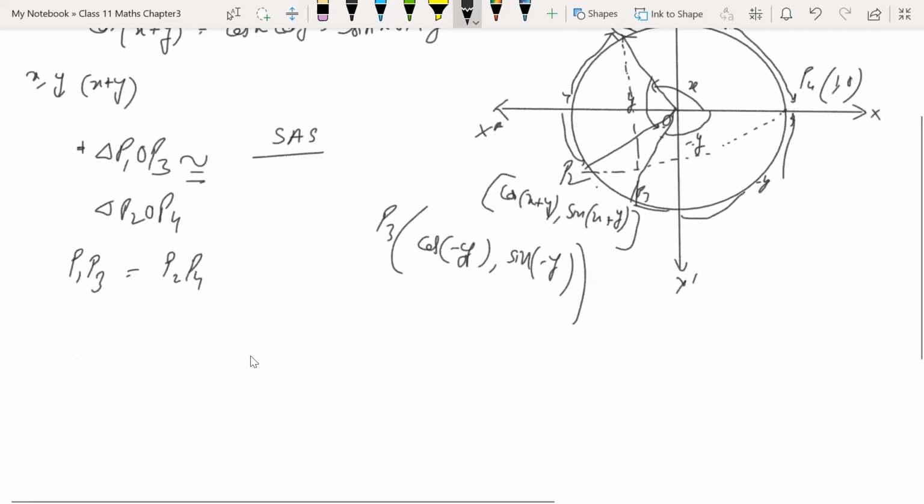We will prove it. Now let's find P1, P3 by using the distance formula.